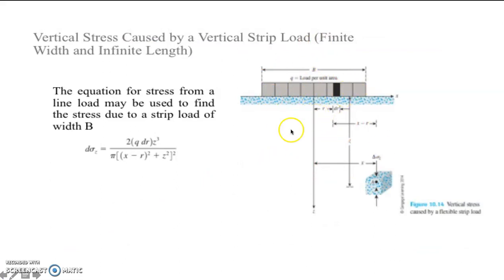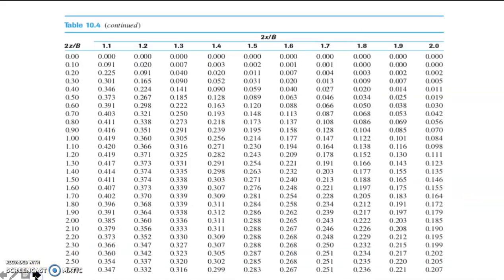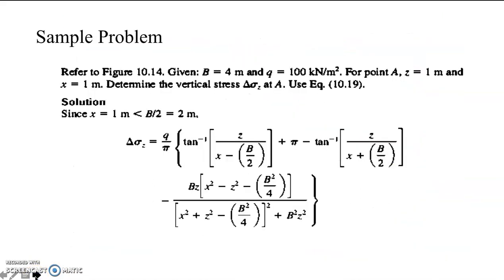You're given the parameters present on our equation, and we're going to solve for the stress caused by the vertical strip load. So our x is given, which is equal to 1 meter, and b all over 2 is 2 meters.